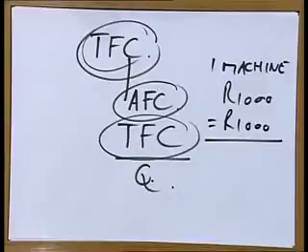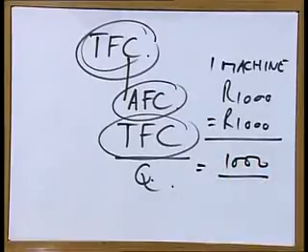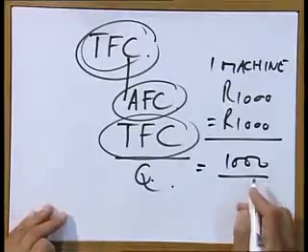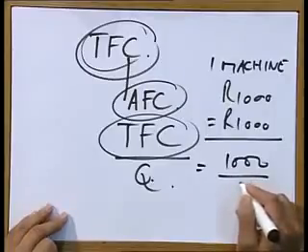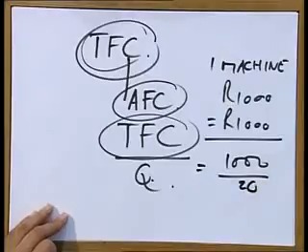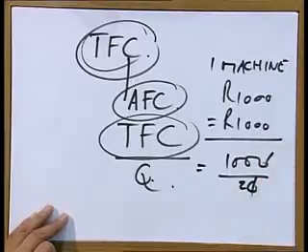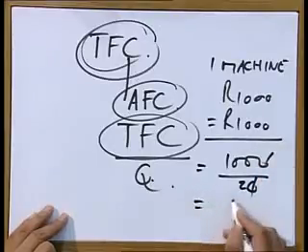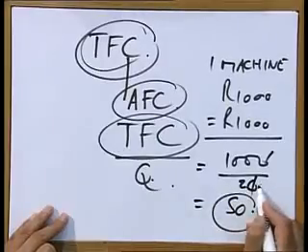If your total fixed cost is 1,000 and the number of units that we produce is 20, what will be your AFC? It is 1,000 divided by 20, which gives you 50. That will be your AFC if your output is 20.